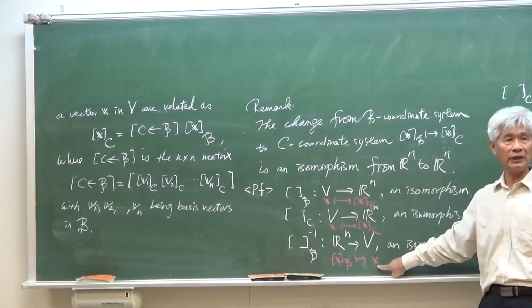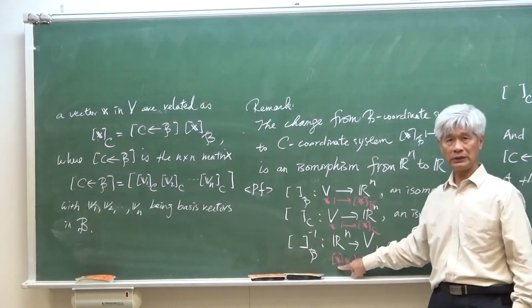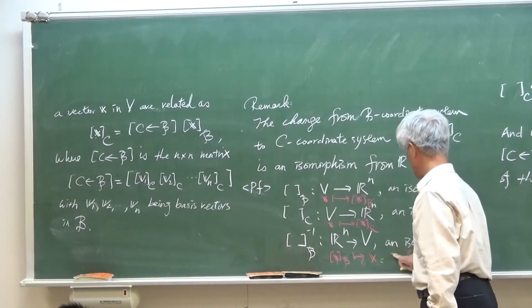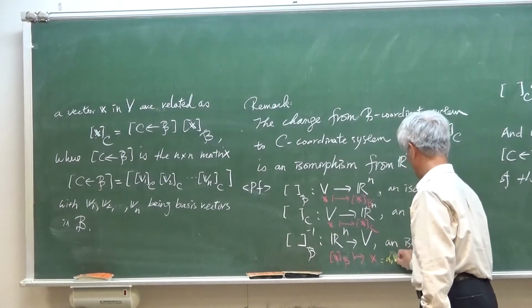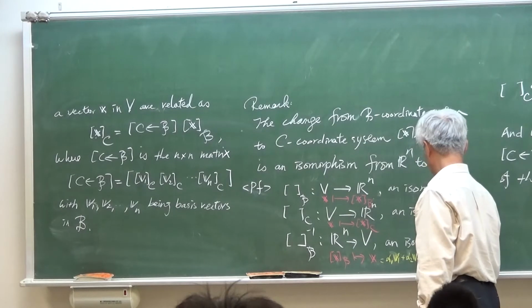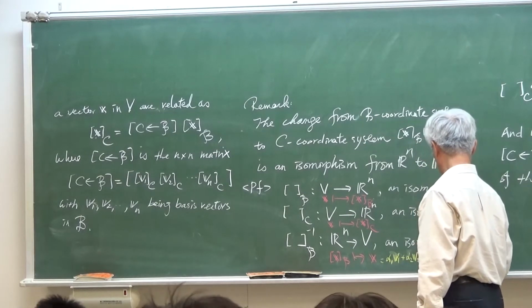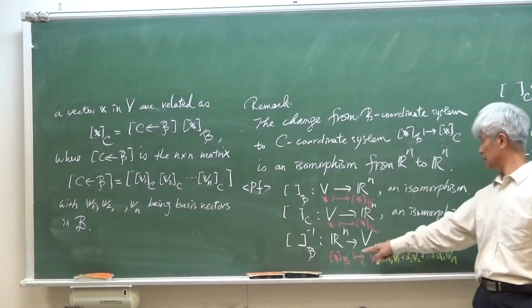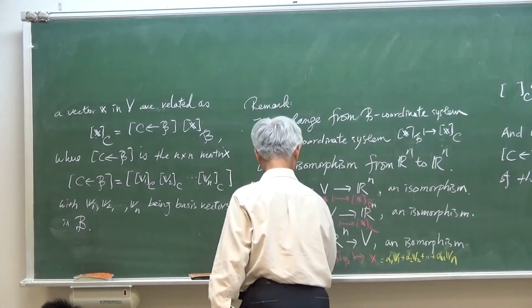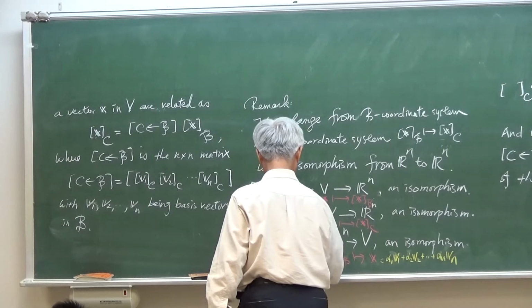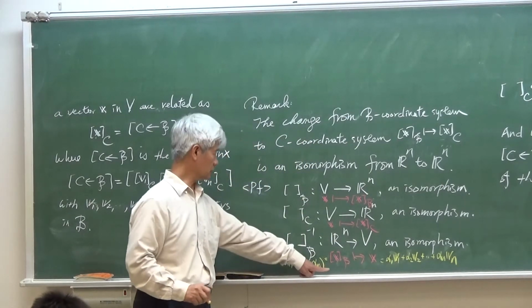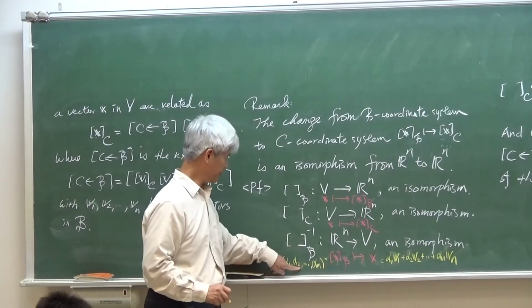How do we recover x from the coordinate vector? Well, the recovery is just alpha 1 v1 plus alpha 2 v2. The coefficients are contained in the coordinate vector, so from the coordinate vector we know the coefficients.